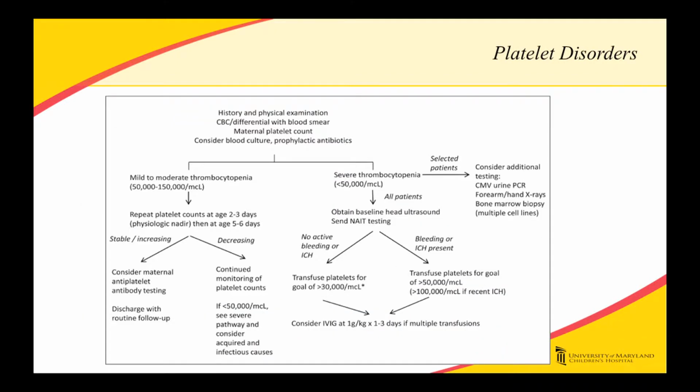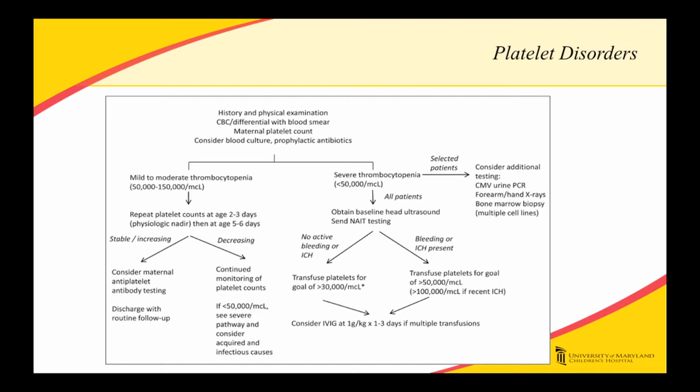This is just a nice diagram showing you that it's very important, of course, to do a history and physical, a CBC with a blood smear, maternal platelet count, and consider blood culture and prophylactic antibiotics when you have thrombocytopenia at birth. Then it gives you recommendations: if the platelet count is between 50 and 150, definitely repeat that in 2 to 3 days.